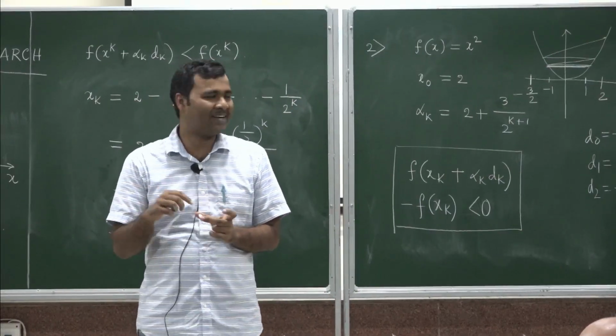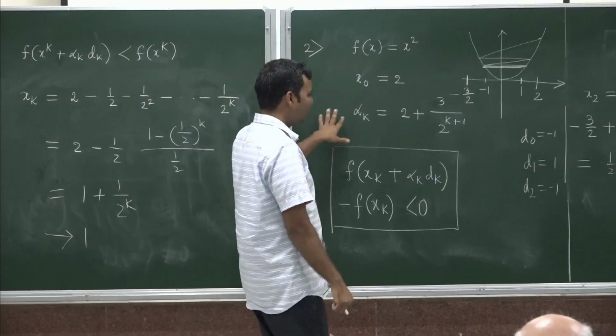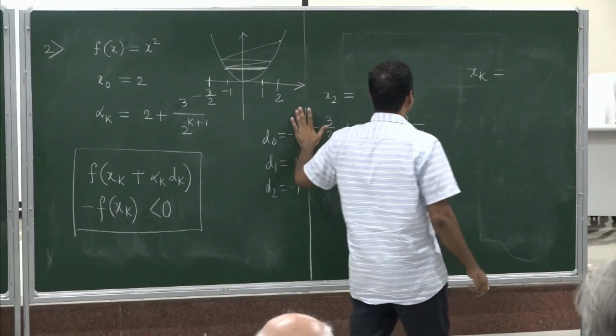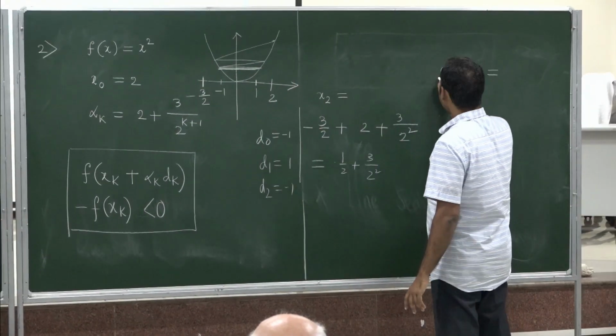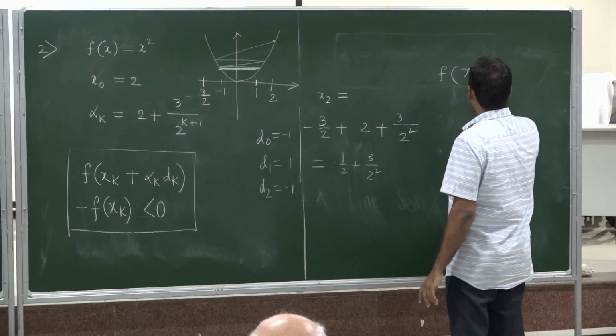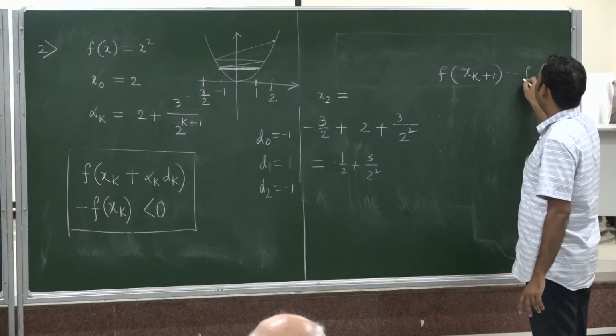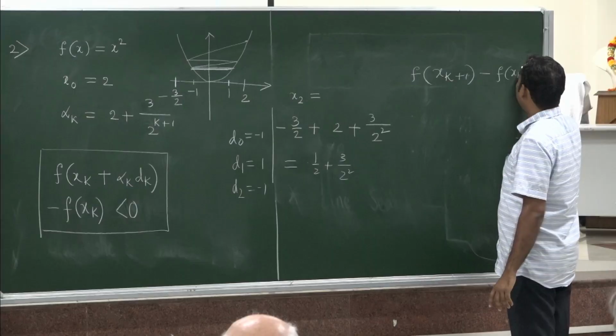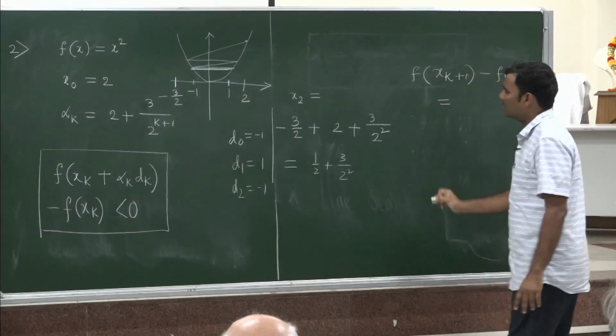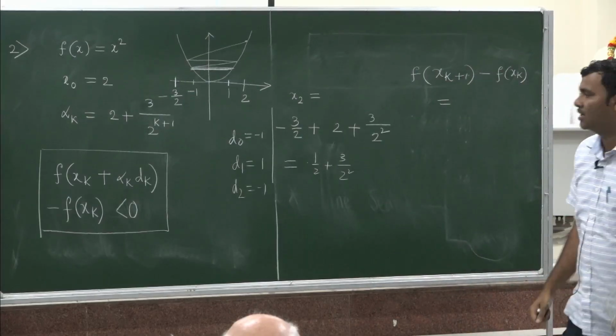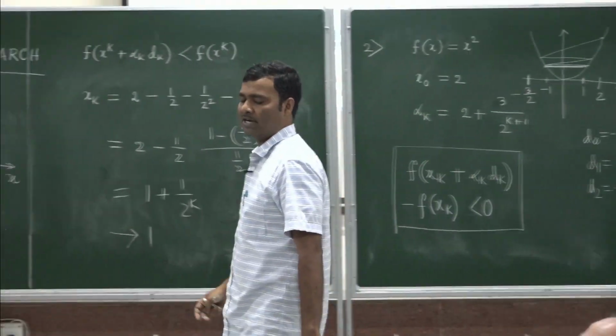And not only that, here is a message why this is happening. This is happening due to the fact that the difference between the consecutive function values f(xk) is very small.